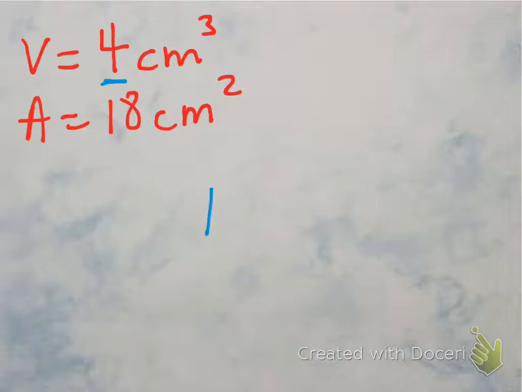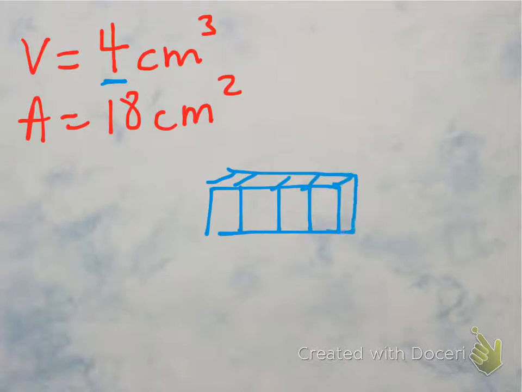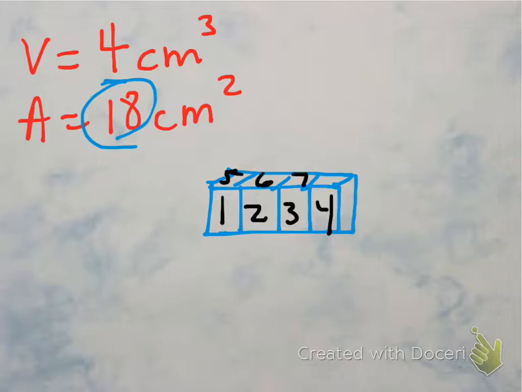What if we do 4 cubes aligned together? Is it going to give us the area of 18? Let's find out. We have to count the surface faces shown on the outside. If we have 1, 2, 3, 4 on the front, and on the top 5, 6, 7, 8.